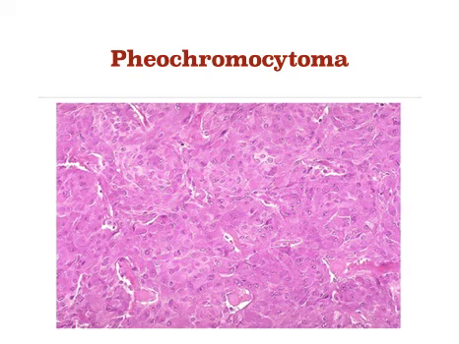Microscopically, what you will see would be clusters of these polygonal cells, sometimes spindle-shaped cells, surrounded by your supporting cells, or your sustentacular cells, which may appear spindly in structure. Okay? So these cells are grouped into nests or alveoli pattern, which we call your Zellballen pattern.